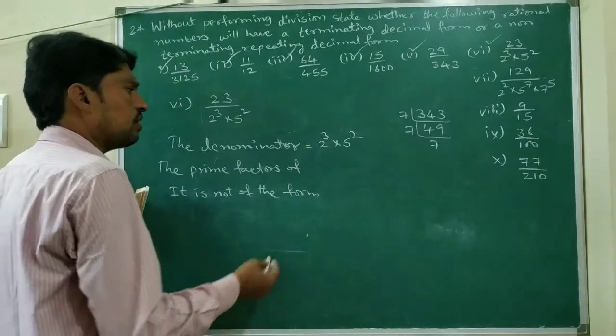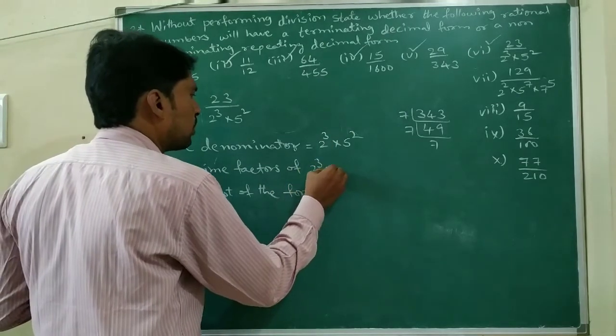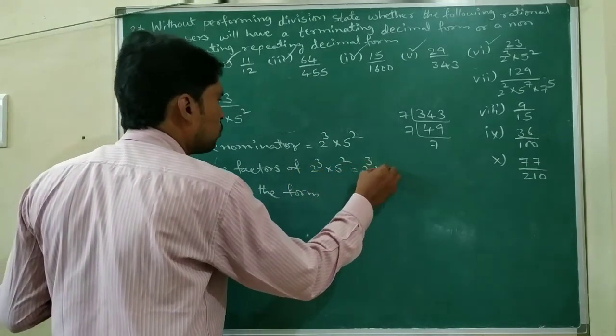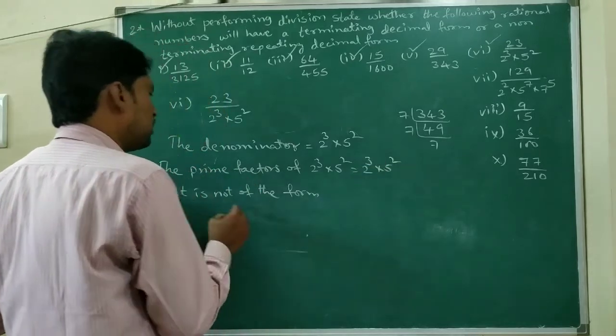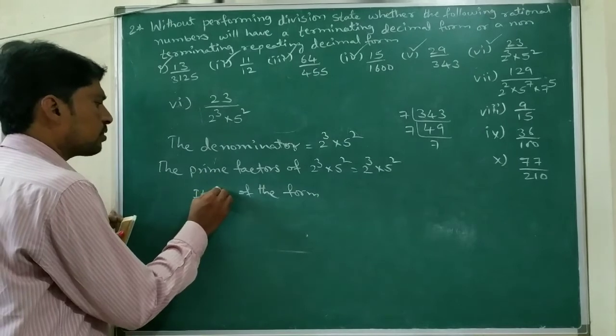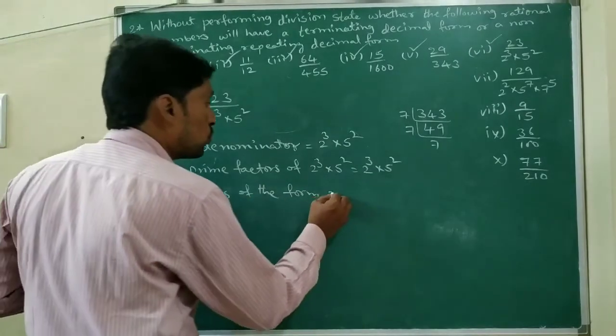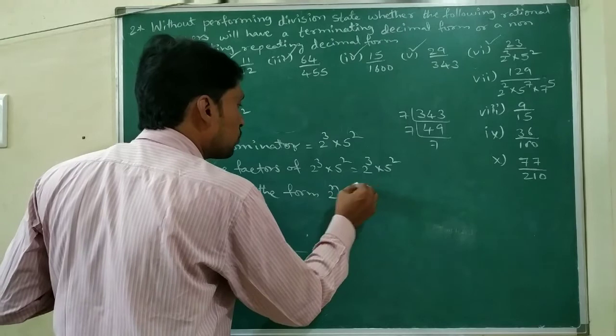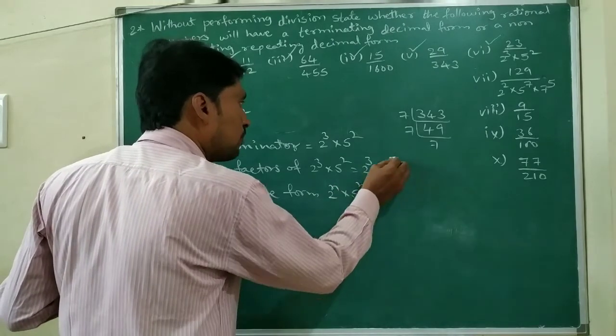The prime factors of 2 cube into 5 square are the same as it is, we only get 2 cube into 5 square. So is it in the form of 2 power n into 5 power n? Yes, it is of the form 2 power n into 5 power n, with 2 power 3 and 5 power 2.